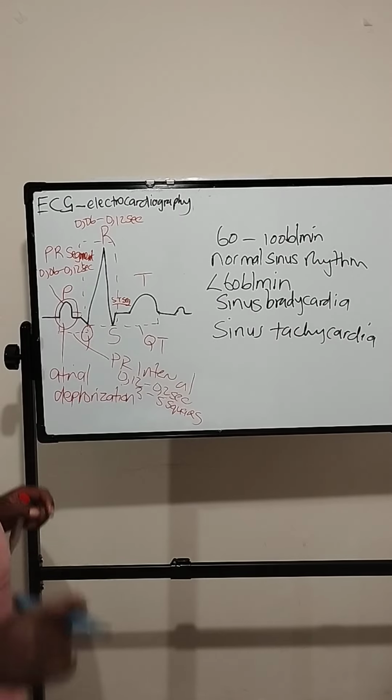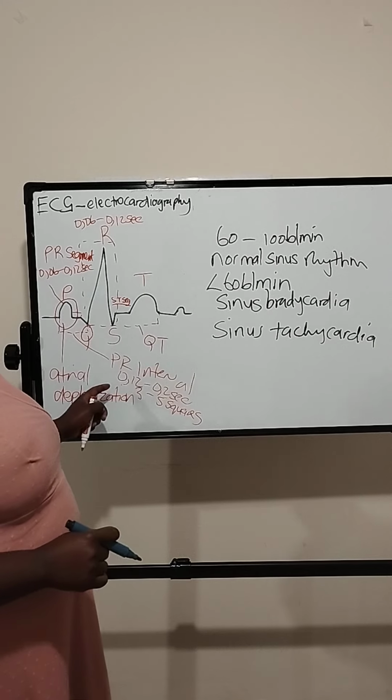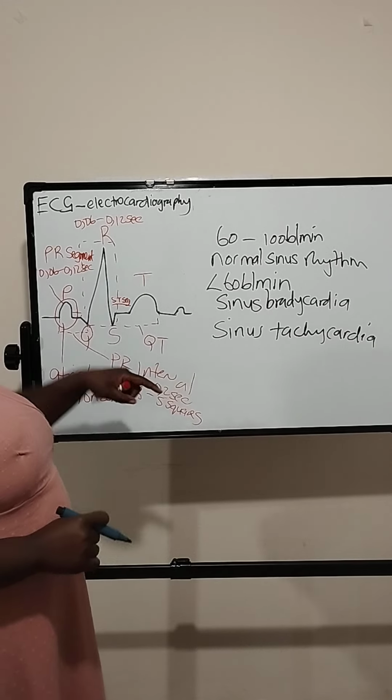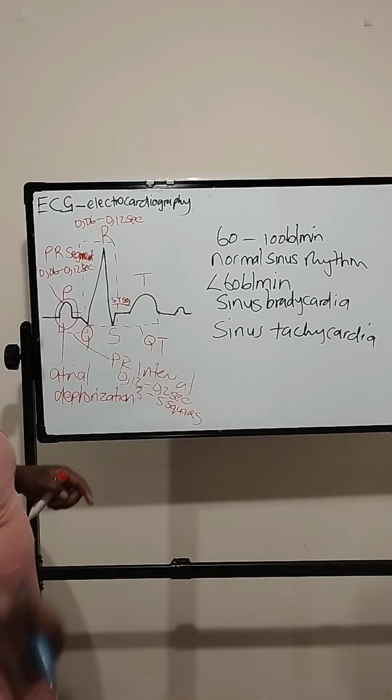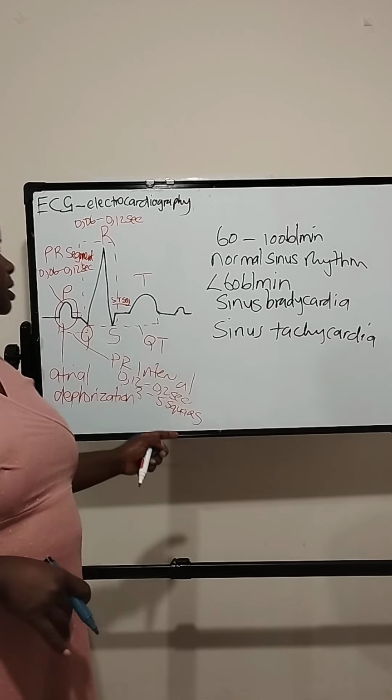So a normal ECG is a P wave followed by a QRS complex and a T wave, and it's a cycle which continues, and this occurs during one heartbeat.